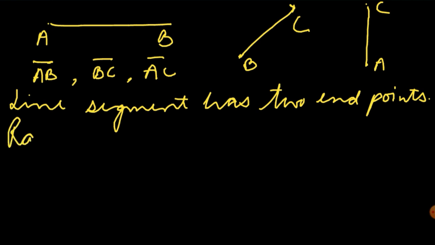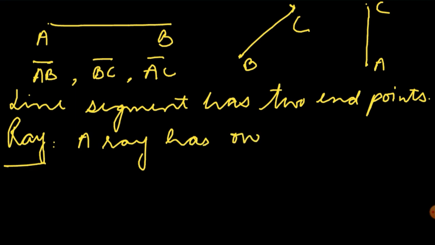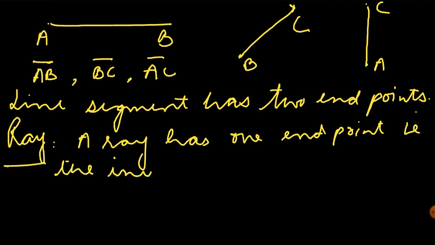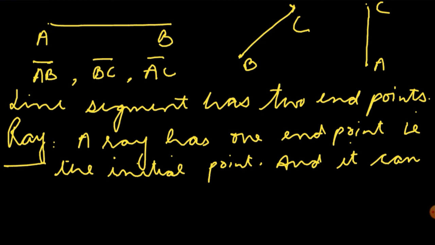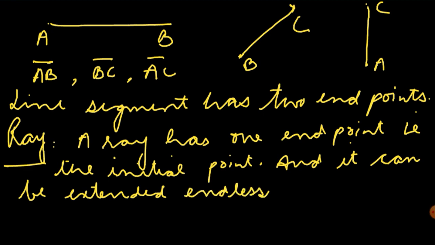Another next one is ray. A ray has one end point, and this one end point, that is the initial point from where it starts, and it can be extended endlessly to one direction.